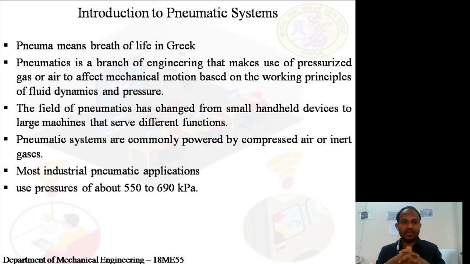Is it clear? Most industrial pneumatic applications use a pressure of about 550 to 690 kilopascals. That is the maximum of 690 kilopascals. They go up to that, based upon the different areas of applications or the requirements, as I have already told you.